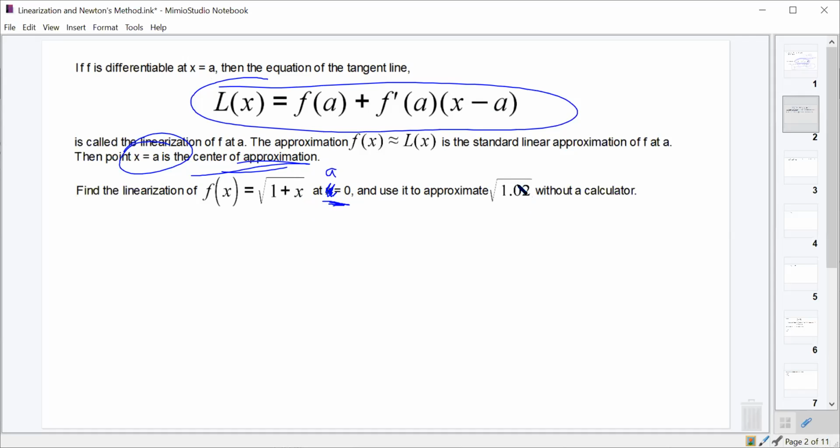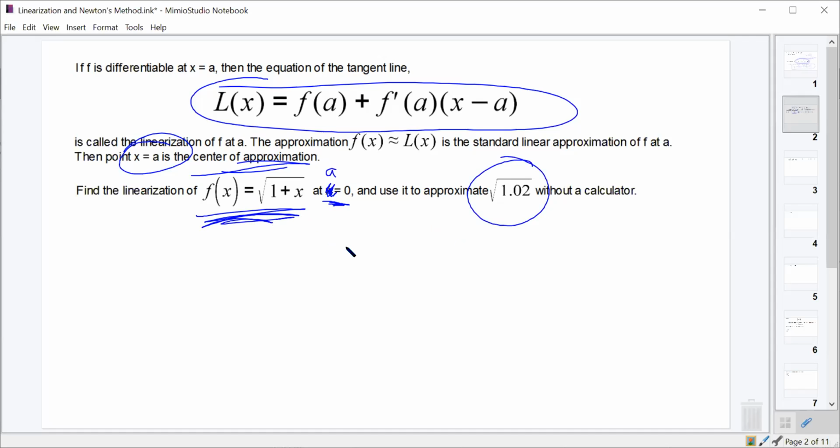Okay. If it's a little confusing to you at this exact moment, that's okay. I think it's going to hopefully make more sense as we go through it. So we want to find the square root of 1.02. That's our goal. We want to approximate it without using a calculator. And so we're going to use the function f of x equals root 1 plus x.